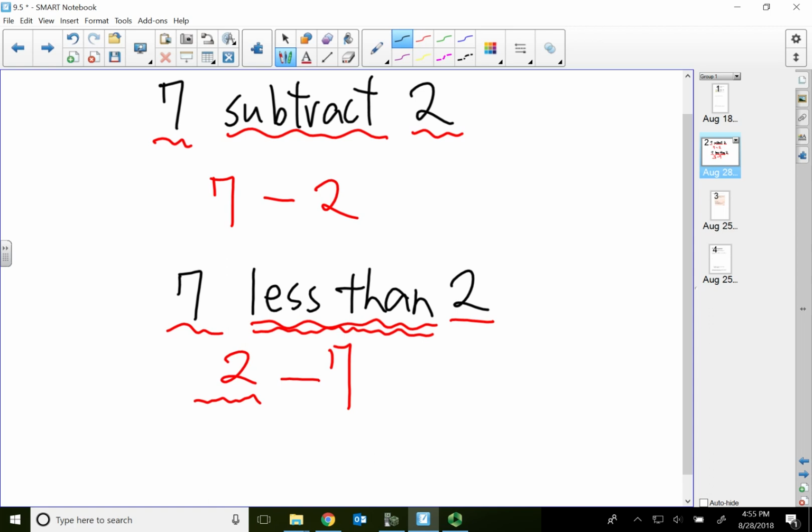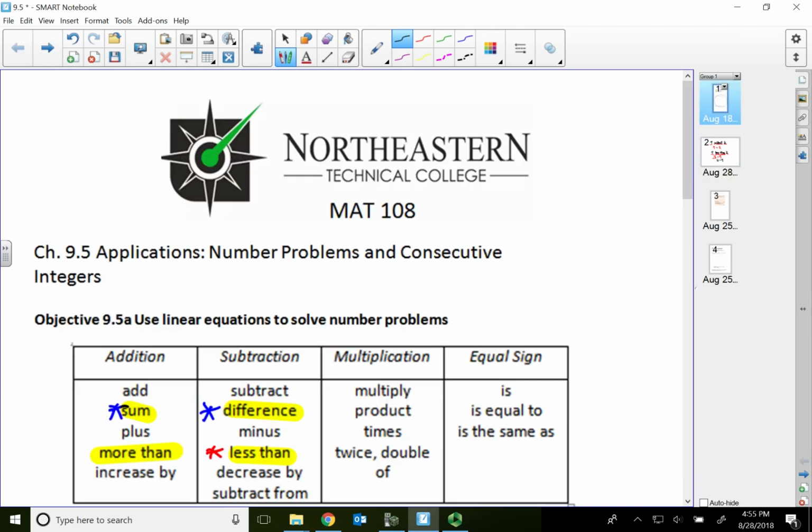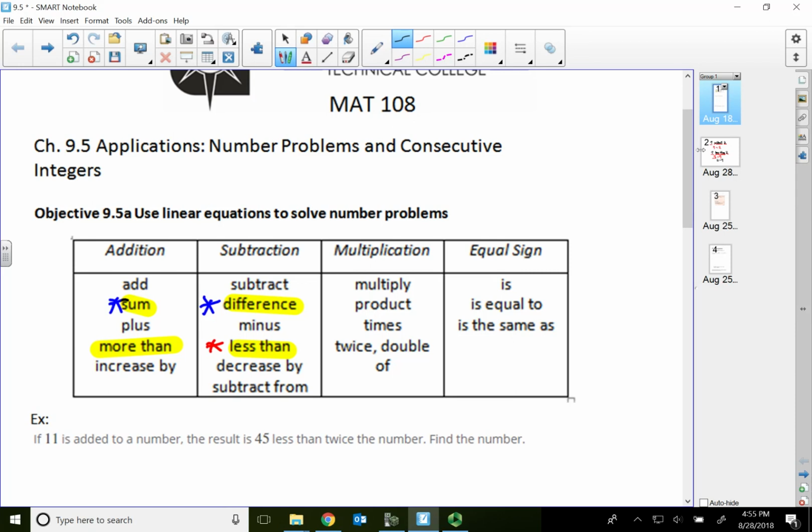So 7 less than 2 is actually translated to be 2 minus 7. Okay, that's what I mean by translating it backwards. All right, same thing with subtracted from. We don't see it very often in algebra classes, but it translates the same way as the word less than.